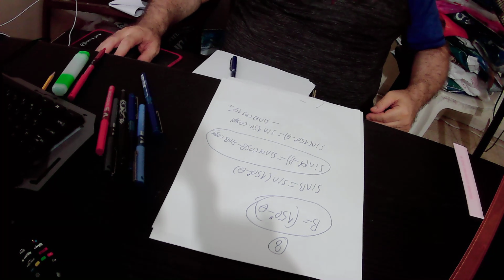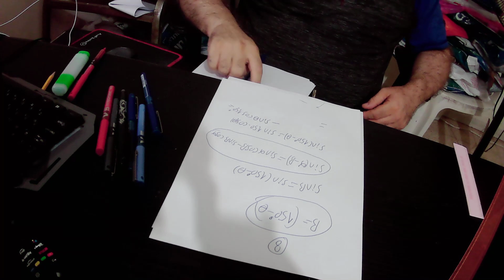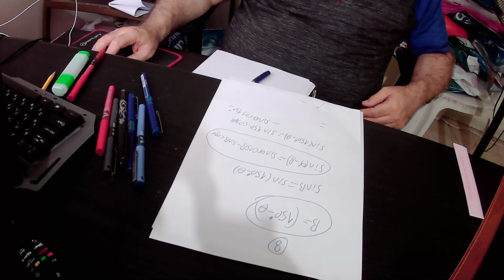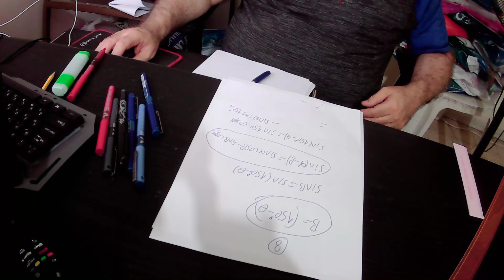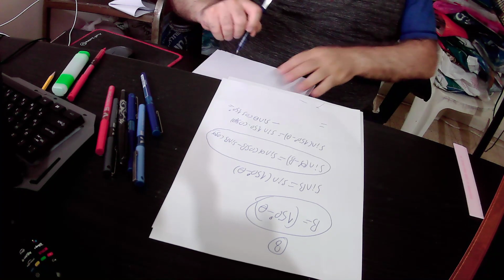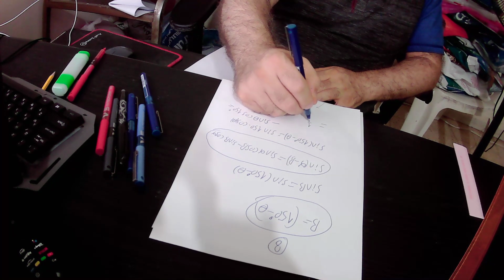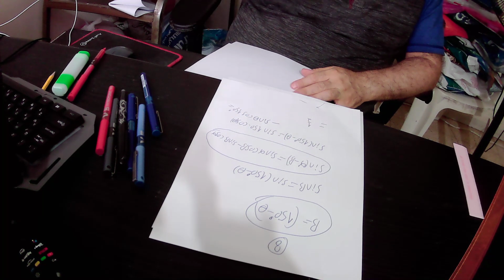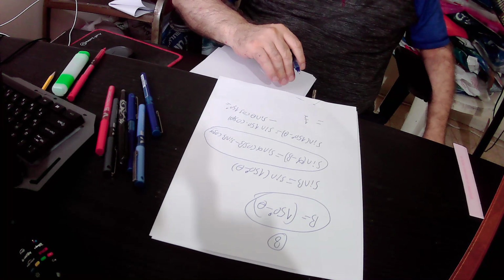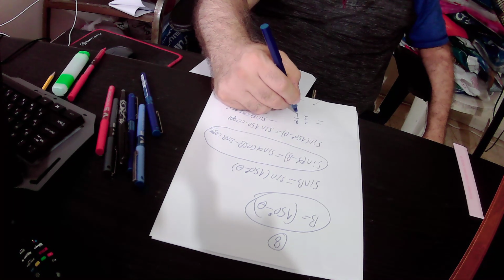First of all, we know that sine 150 degrees equals 1 over 2. And cosine theta, we have already found out that the value of cosine theta is 2 over root 7.